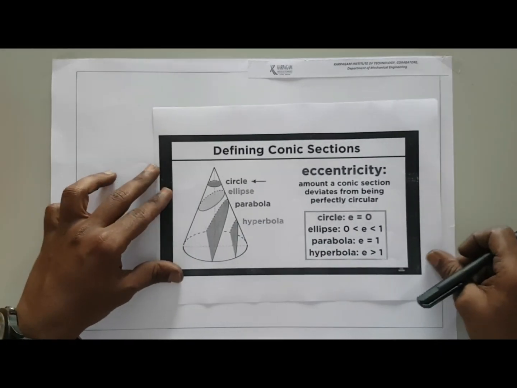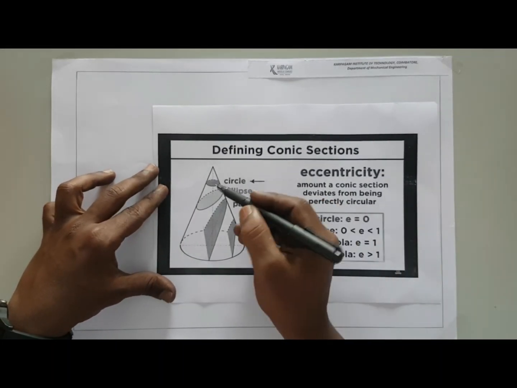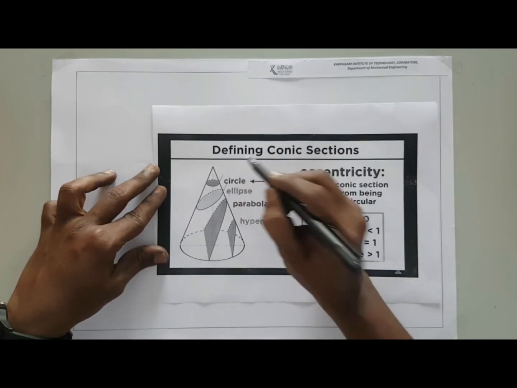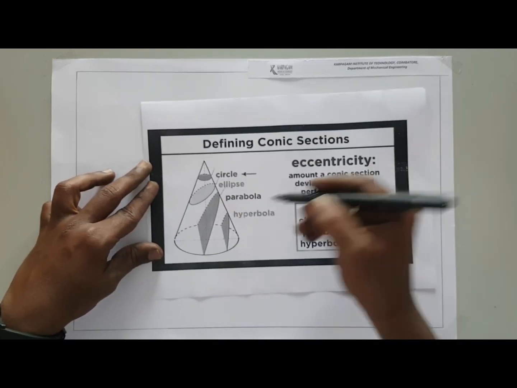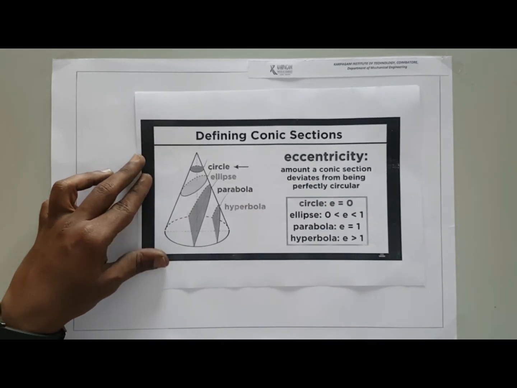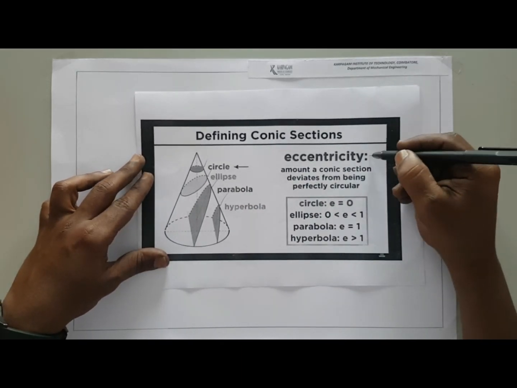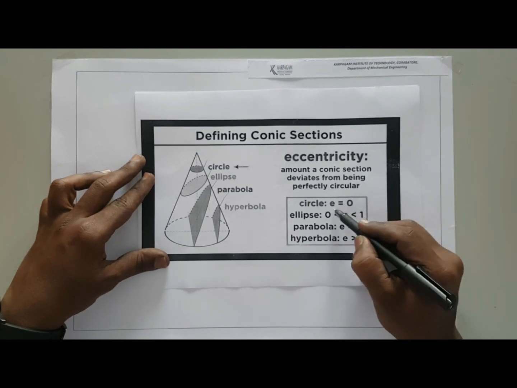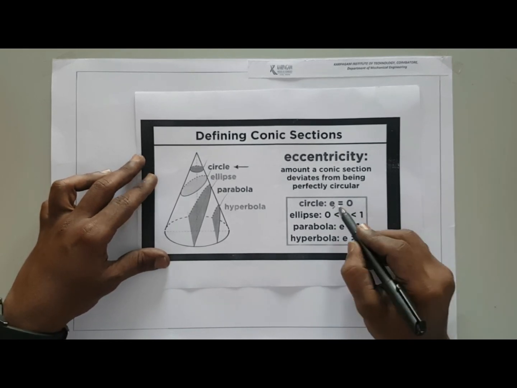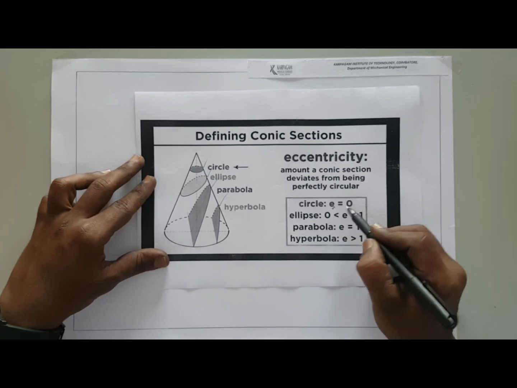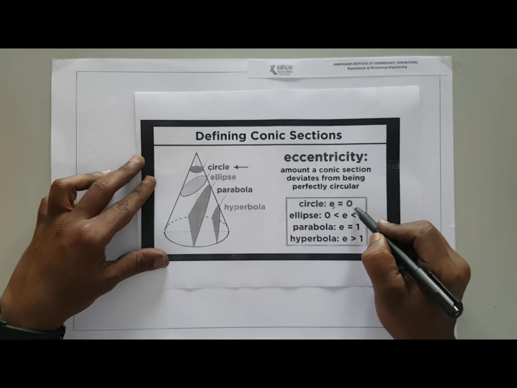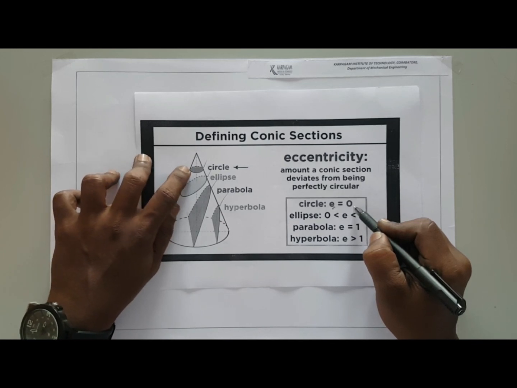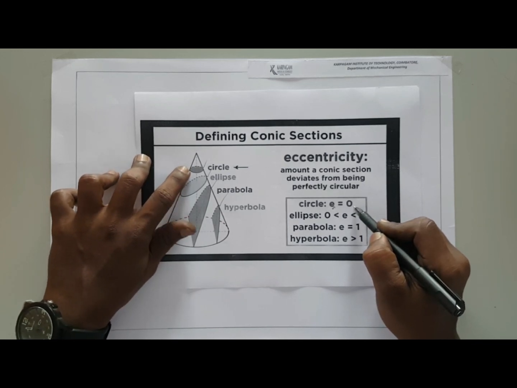And in this diagram, you can clearly see the circle creation, ellipse creation, parabola creation and hyperbola creation. And eccentricity is denoted by the letter e. If eccentricity e is equal to 0, it means that the curve I have created perfectly matches the circle.